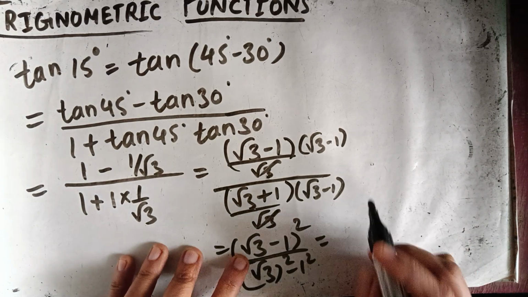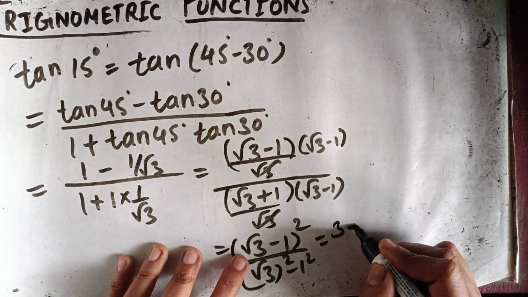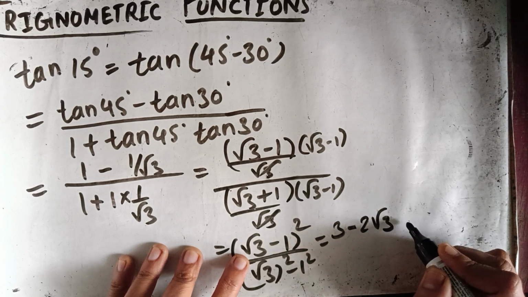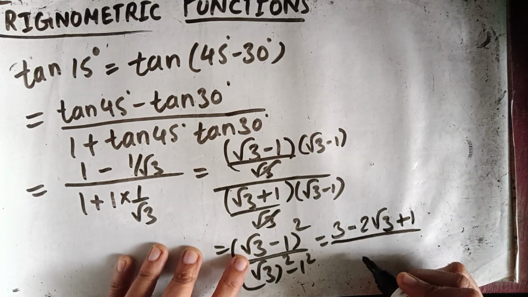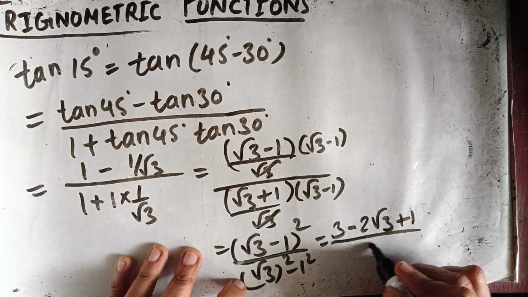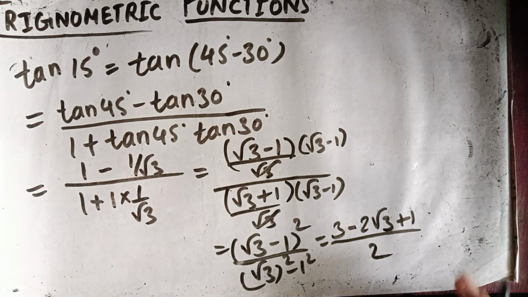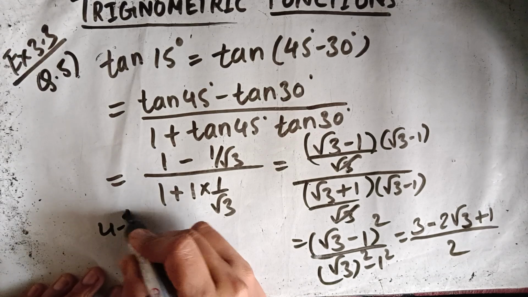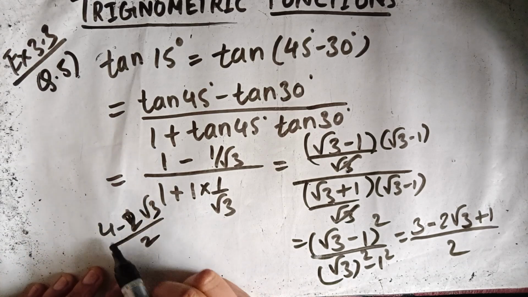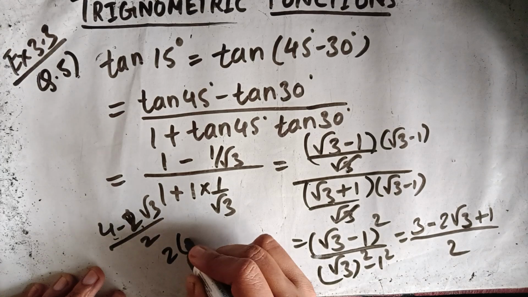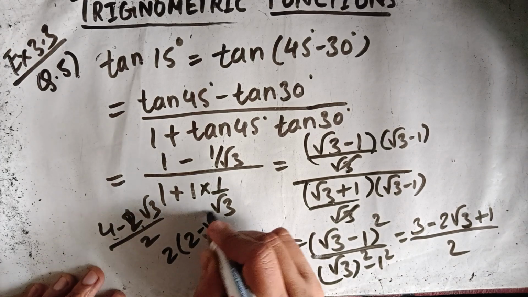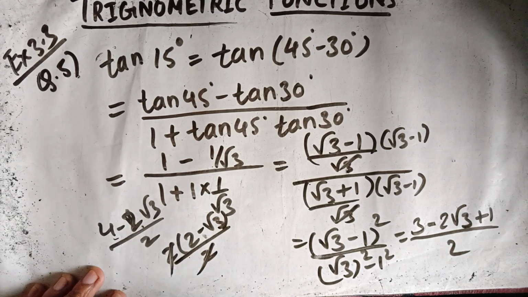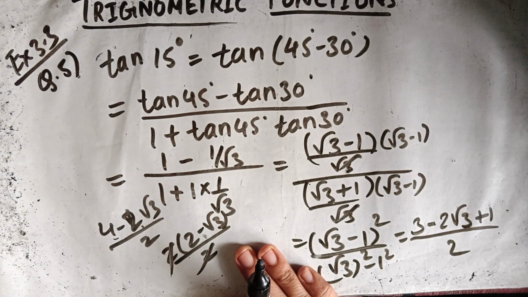So expanding this you will get 3 minus 2 root 3 plus 1 upon 3 minus 1, 2. Okay. So this is 4 minus 2 root 3 upon 2. 2 you can take common. So this is 2 minus root 3 upon 2. 2 to cancel. So 2 minus root 3.